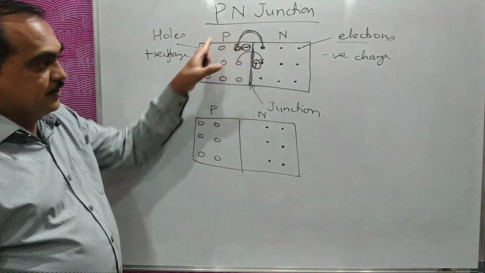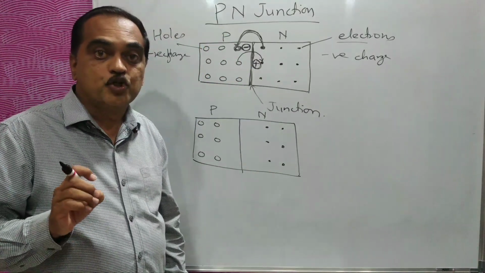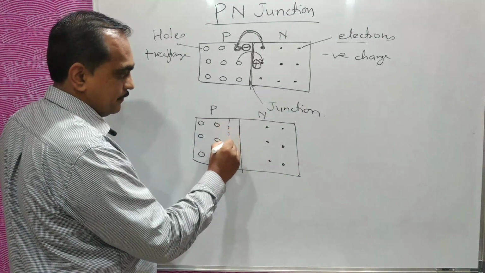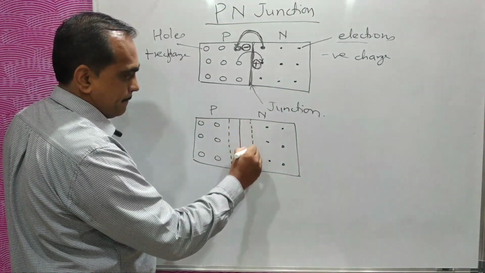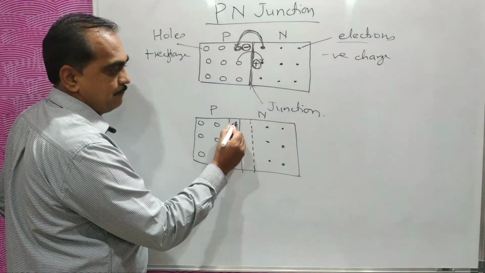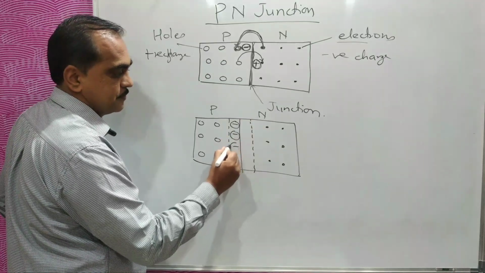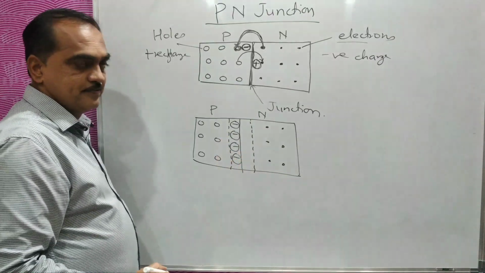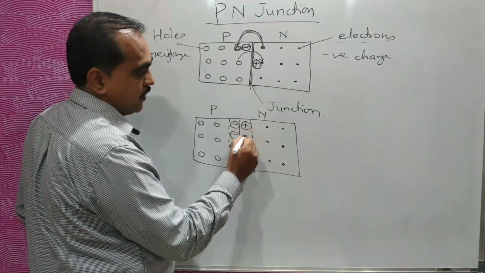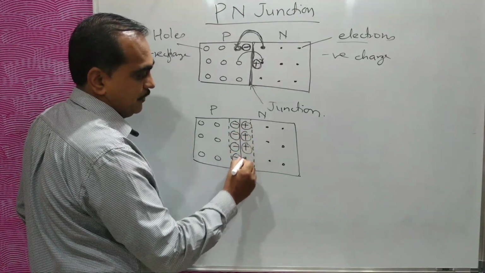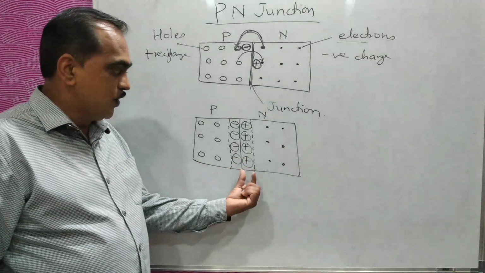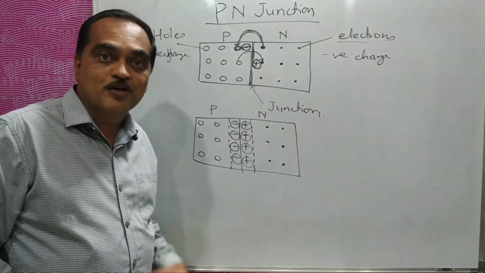Because of the neutralization process and the production of positive and negative ions, at the junction side of P-type you will have negative ions, and at the junction side of N-type you will have positive ions. So a polarity is formed, positive on one side and negative on the other.